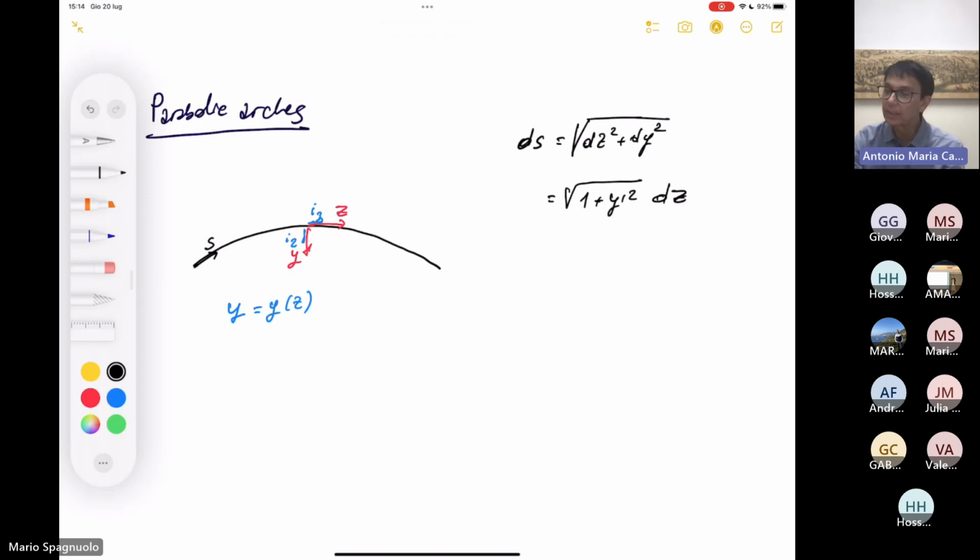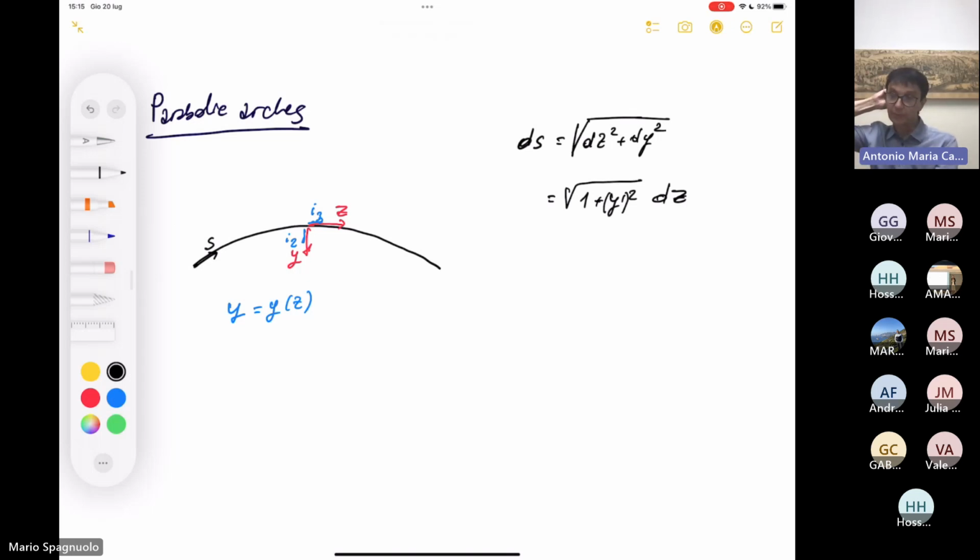If you want, I can put brackets here to make it clear that I'm taking the square of the first derivative of y with respect to z.